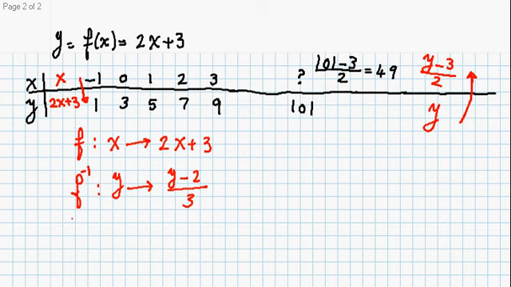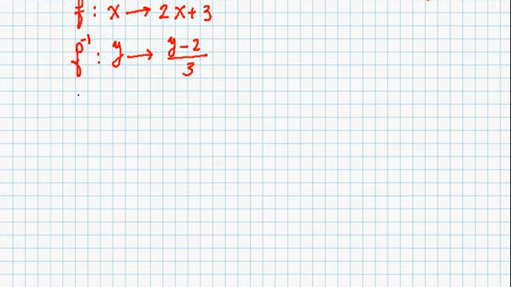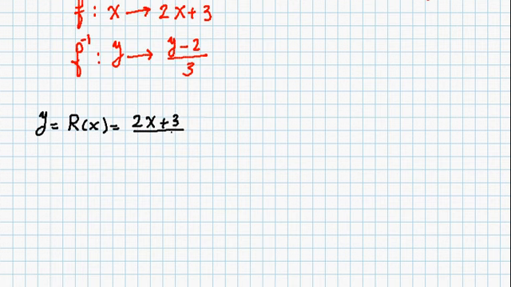Let's go and take a look at some more complicated examples. Suppose I'm given a function. Here's my function. Y is equal to, let's call this one r of x, for some rational function, r of x is equal to 2x plus 3 over 5x plus 7.